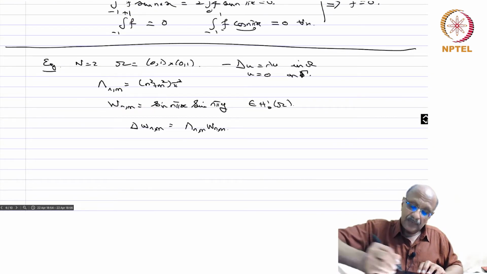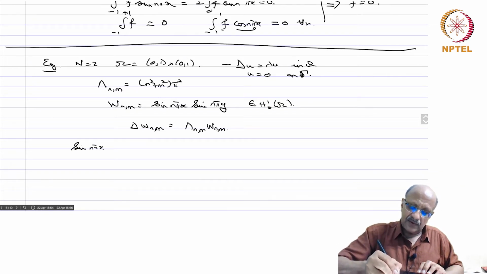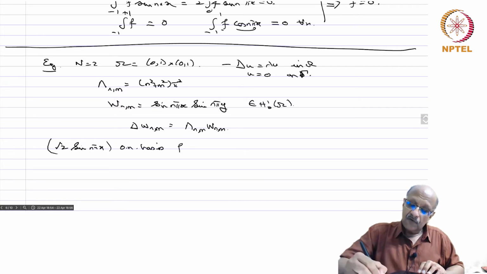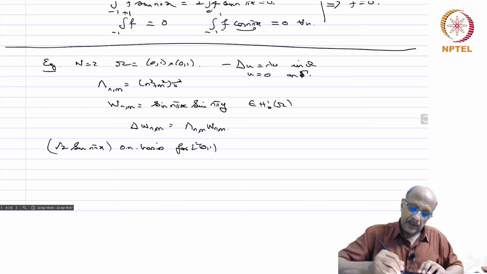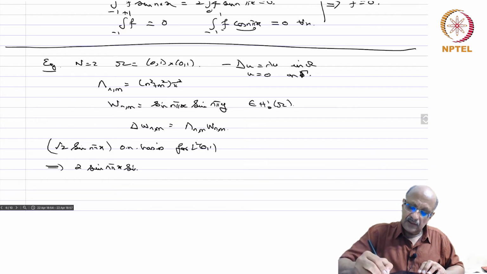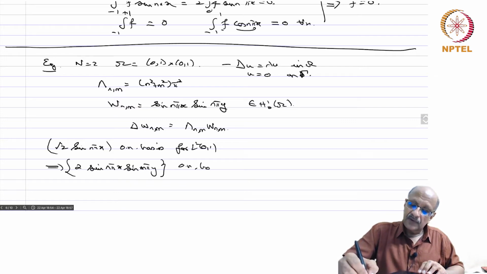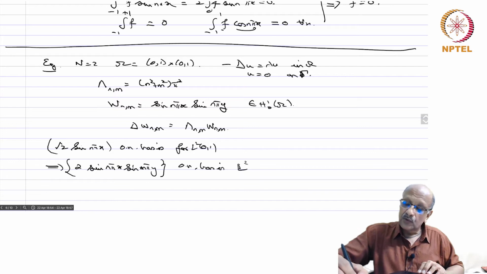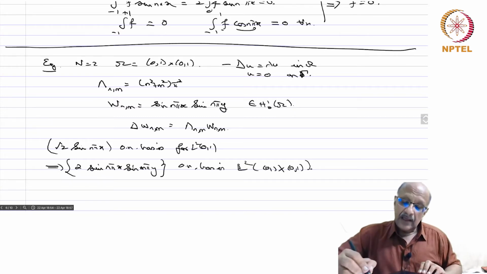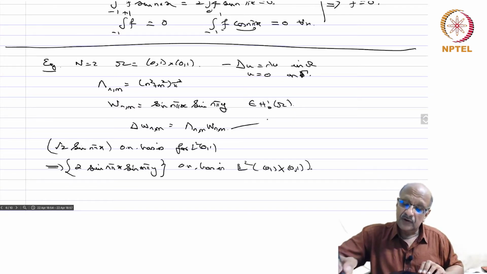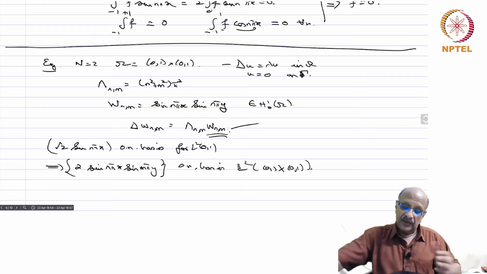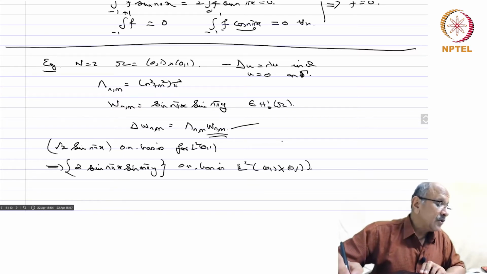Also, since root 2 sin n pi x is an orthonormal basis for L2 of (0,1), this implies that 2 times sin n pi x sin m pi y is an orthonormal basis for L2 of (0,1) cross (0,1). This you can prove directly, and therefore there are no other eigenvalues or eigenfunctions, because you already have an orthonormal basis here, and these are the only solutions.